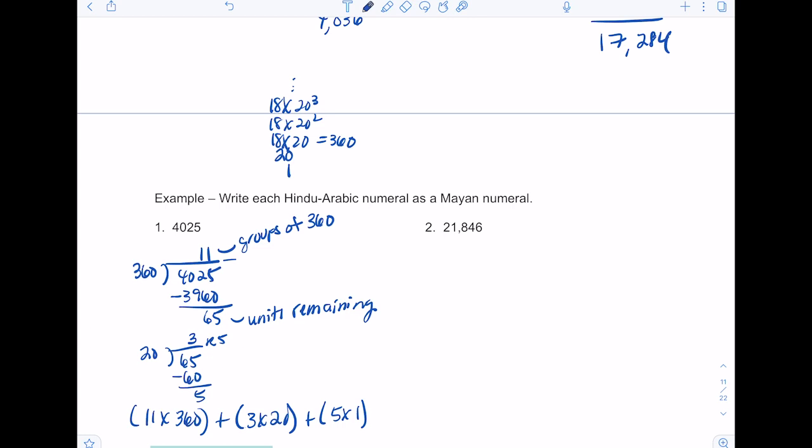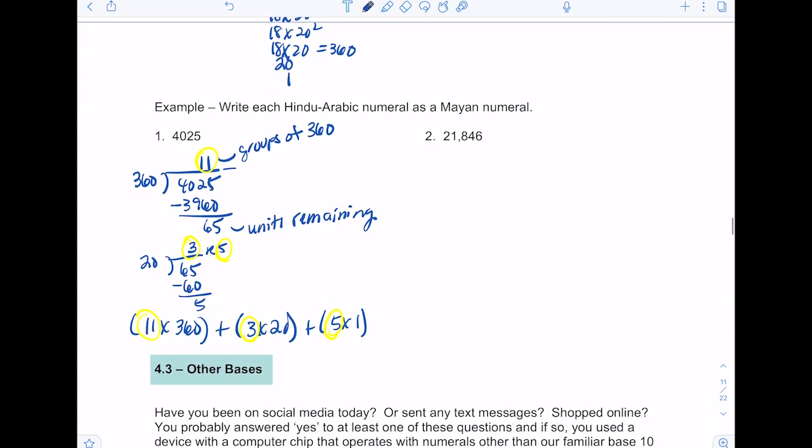So it's basically the numbers we're using would be this number, and this number. Okay, as you can see, 11, 3, and 5. And if I multiply that out, you would get 4,025, but we need to write this as a Hindu Arabic numeral.